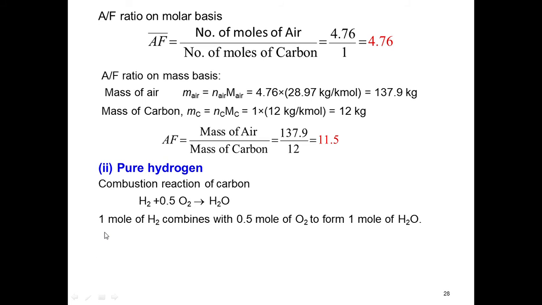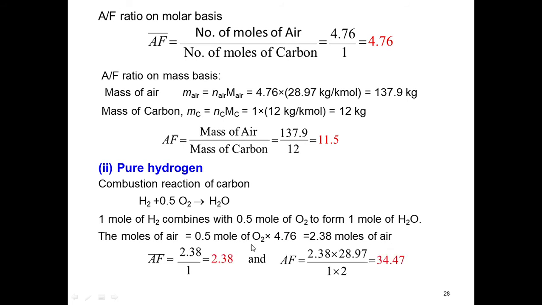So you can write 1 mole of hydrogen combines with 0.5 mole of O2 to form 1 mole of H2O. So the moles of air is 0.5 moles of O2 multiplied by 4.76, that is 2.38 moles of air. If you define the air fuel ratio on molar basis, then 2.38 divided by 1 will be the molar air fuel ratio.